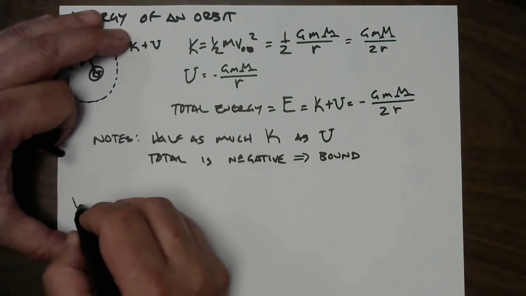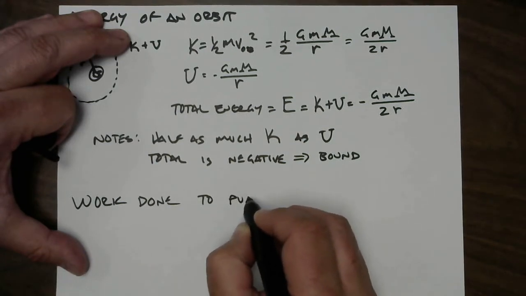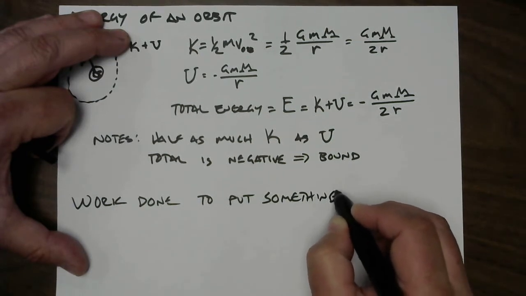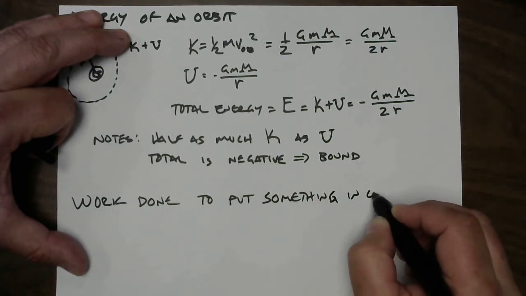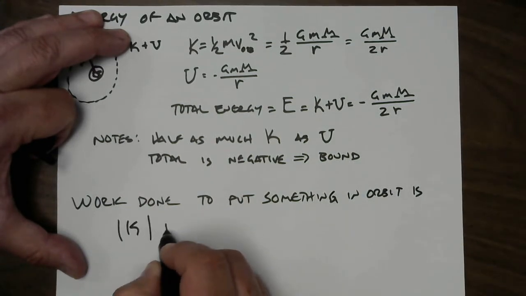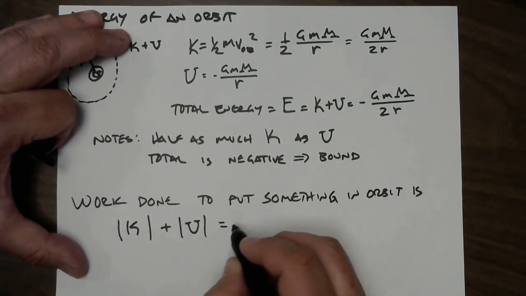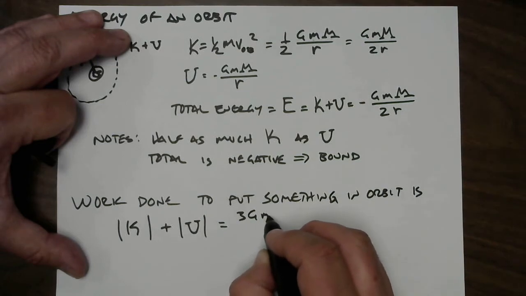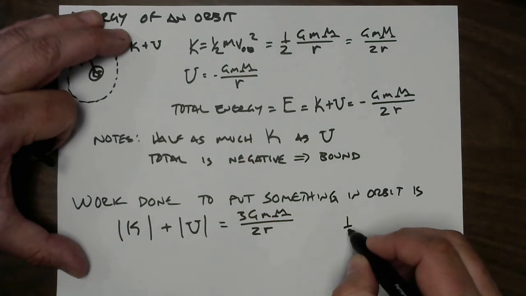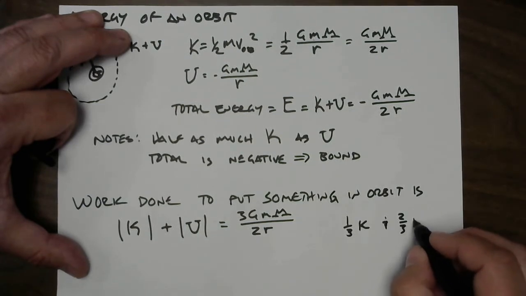So the work done to put something in orbit is K plus U, and that's going to be 3GMm over 2r. It's 1/3 kinetic energy and 2/3, 2 helpings of potential energy.